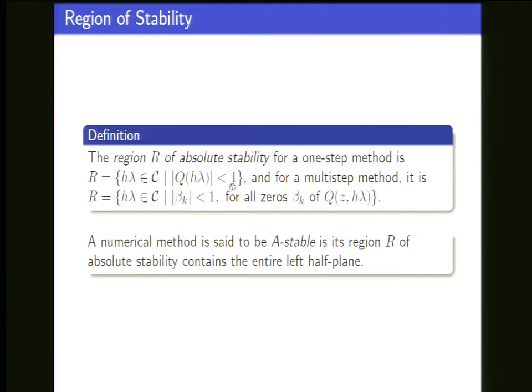I know it does, because there are methods that people use and they are A-stable. If you look at this definition, it doesn't quite seem to, because they have a strict less than 1, which means that if I gave you a method that was equal to 1 along here, and there are a lot of popular methods like that, it would not be included.